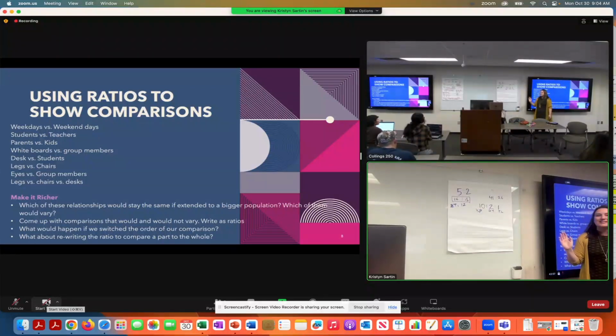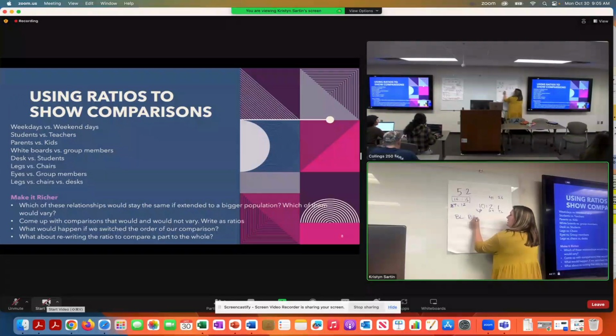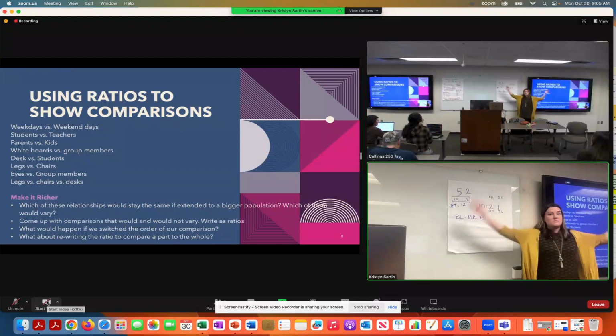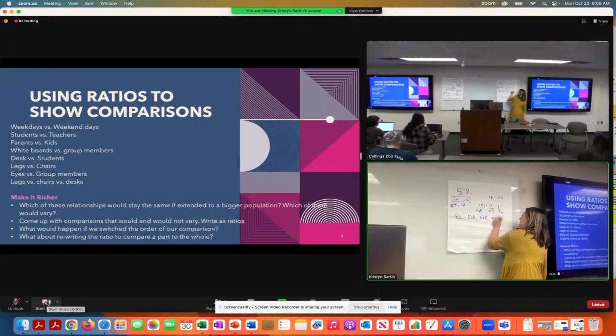Okay, number of eyes compared to, oh, okay. So if we looked at blue compared to brown, compared to green, would that ratio stay the same if we used our room and then expanded it out? Oh, okay, interesting. So that would vary.